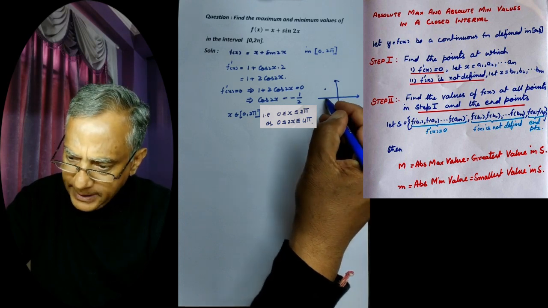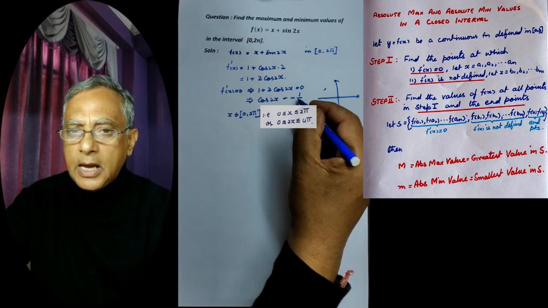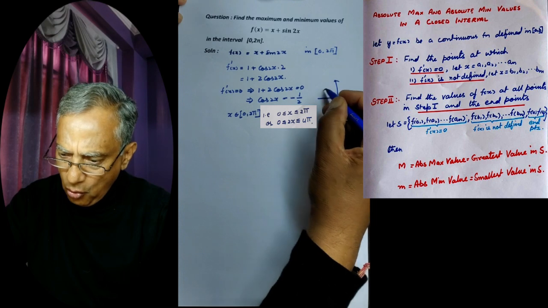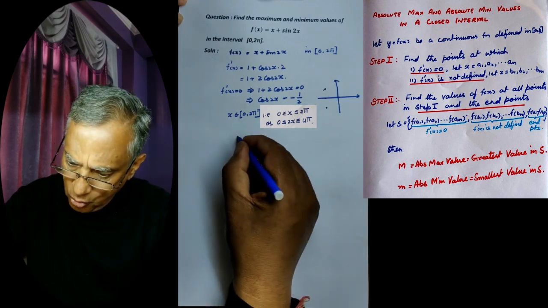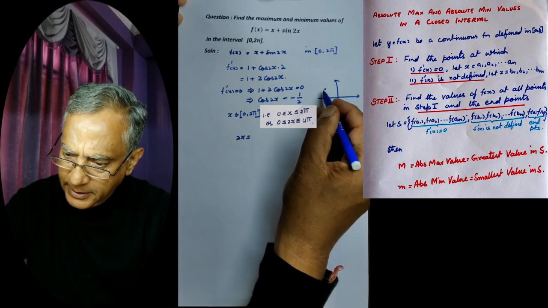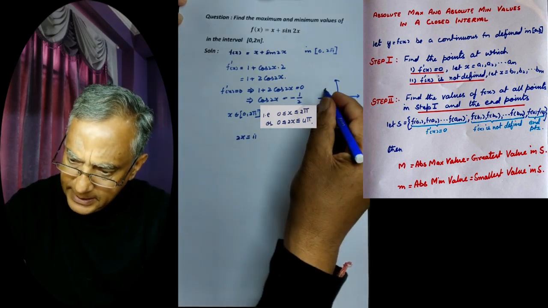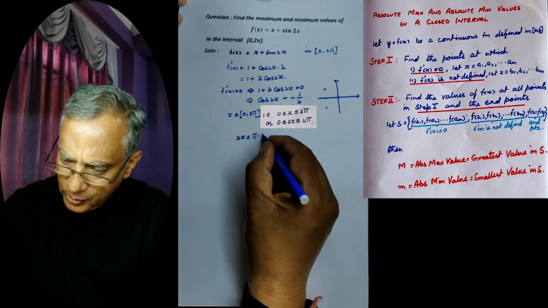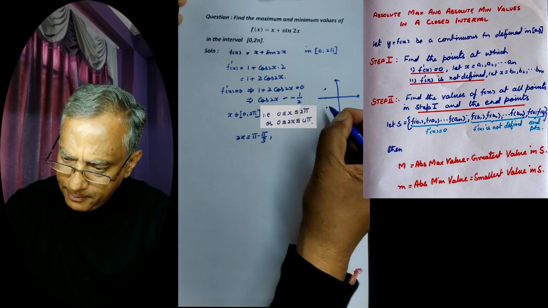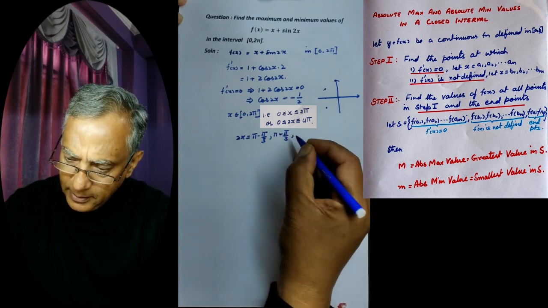Now this is pi. In this quadrant, the value of cos is half. Cos is half at pi by 3, that is 60 degrees. So we will take 2x is equal to, now the half value is at pi by 3 and the quadrant is second, so we will take pi minus pi by 3. And in this quadrant we will take pi plus pi by 3.